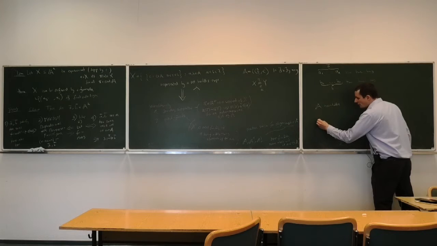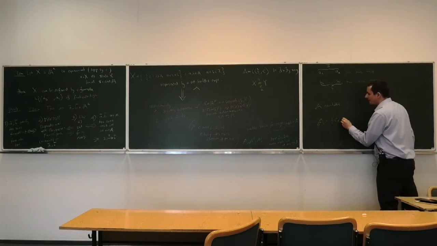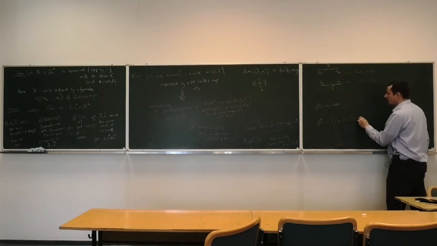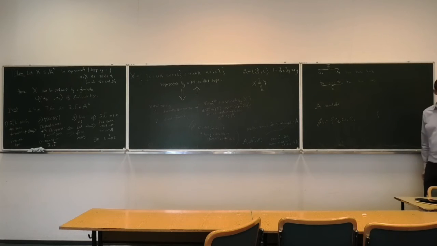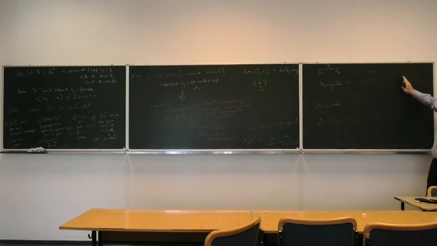Yeah, so maybe I was not clear. So choose some enumeration of the structure: c1, c2, c3, and so on. So spoiler plays the following strategy. Suppose we have played n rounds. What he does is plays in the, where is my color?